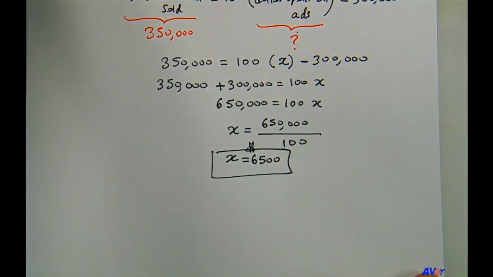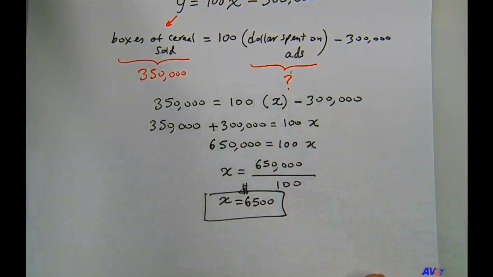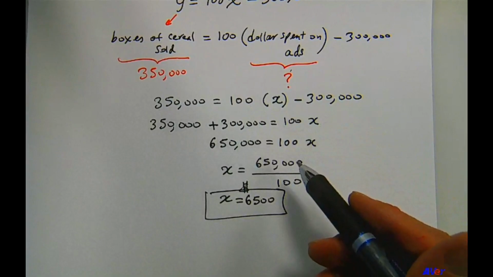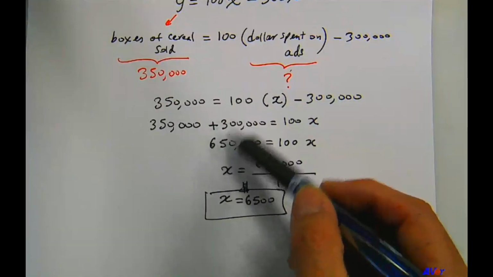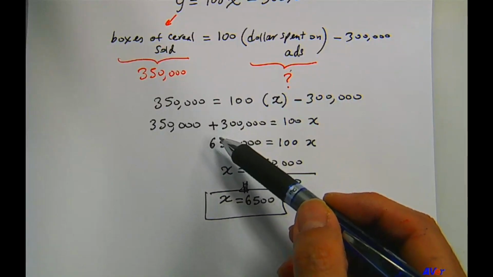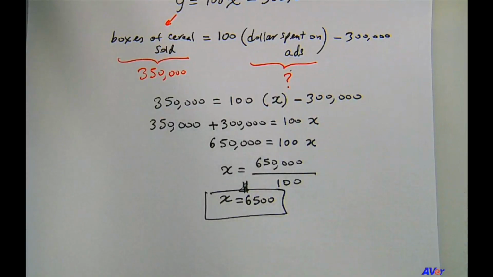Before we wrap up this section, I want to mention something about the algebra of solving these equations. When we all take middle school classes, at that level, the way they show us how to solve this is add something to both sides, subtract something from both sides, because they want to show us what we're doing.